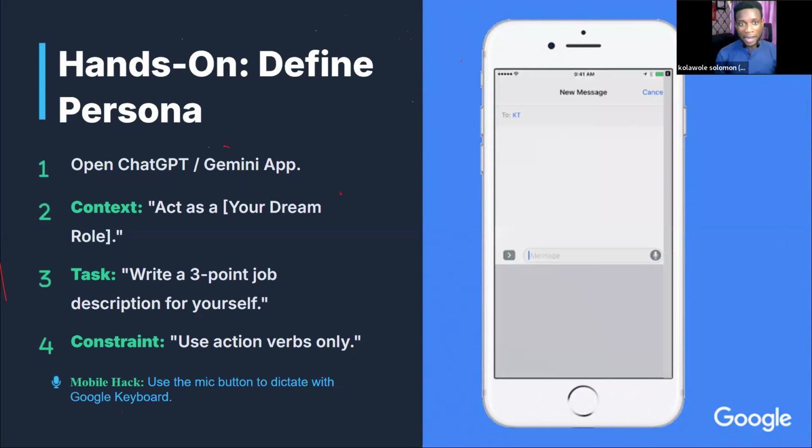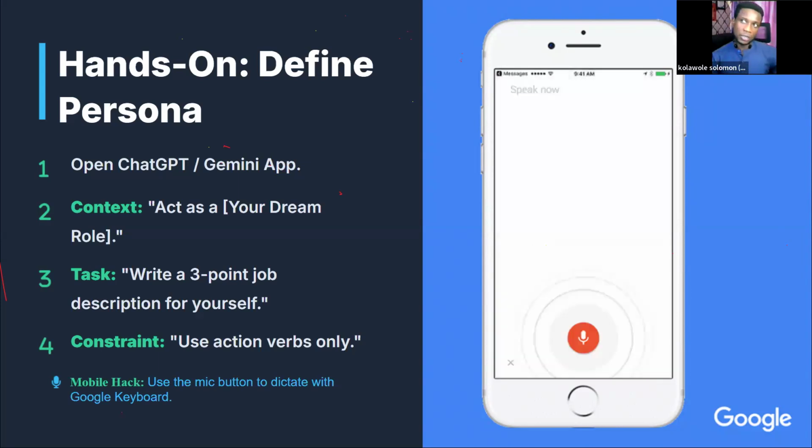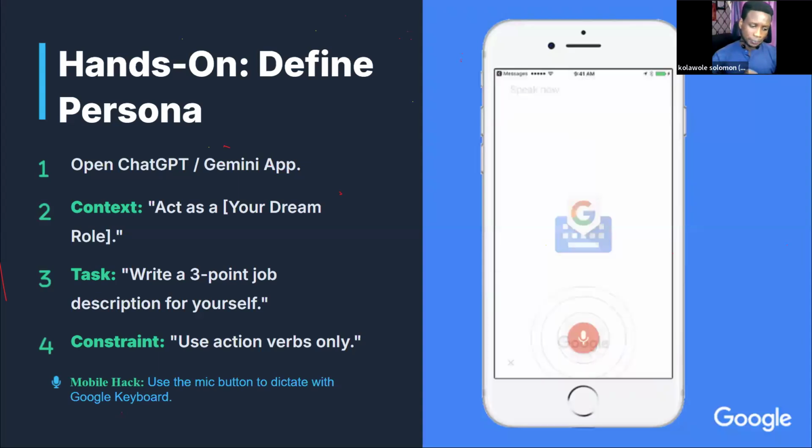That's one of the things I mentioned earlier at the beginning of the training, that for some of the tools we have considered for this training, we took into consideration ease of access because we know that a lot of you will be joining from a mobile device. We've also considered the pricing on them.